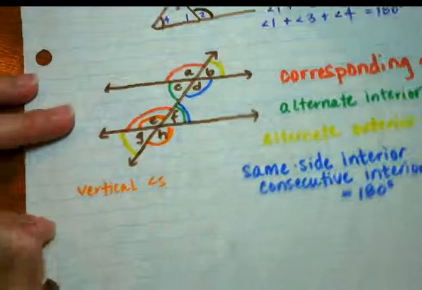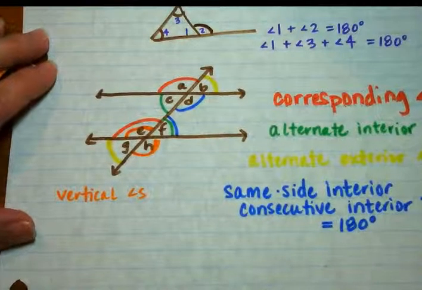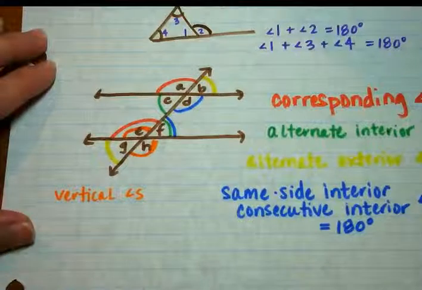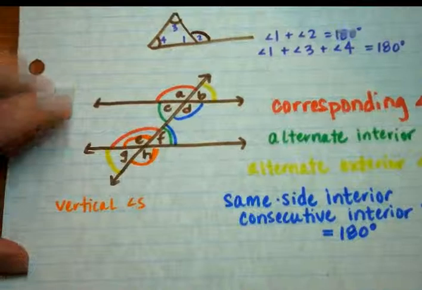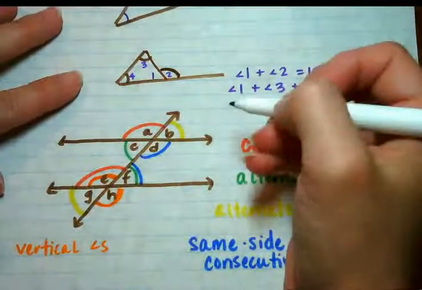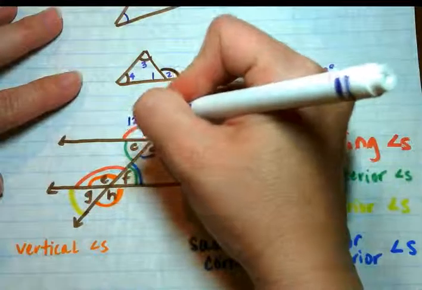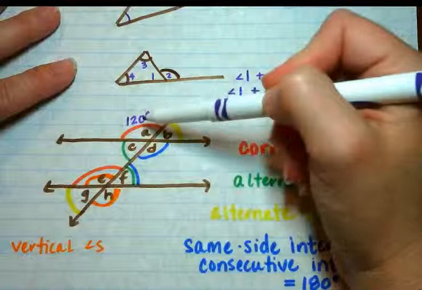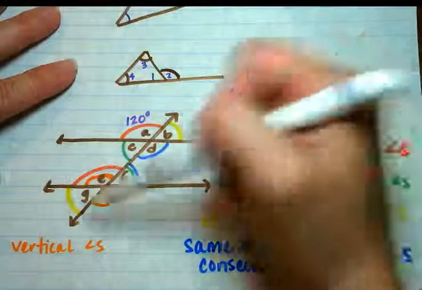All right, the way this works is this. You could be asked to identify a pair of angles as being vertical angles or alternate interior or alternate exterior, or you could even be given a measurement. So let's just say that angle A is 120 degrees. If I know that angle A is 120 degrees, I can tell you every single angle on this picture.